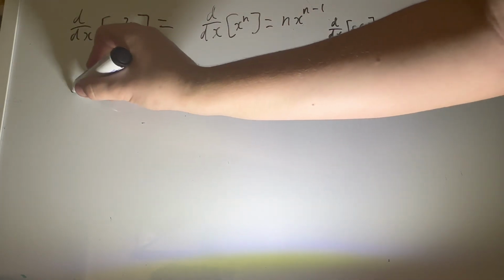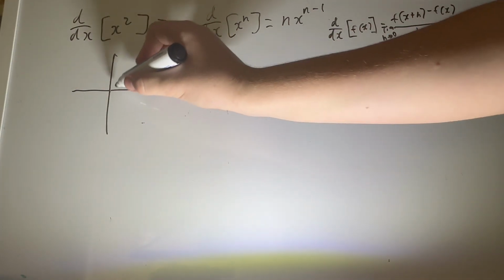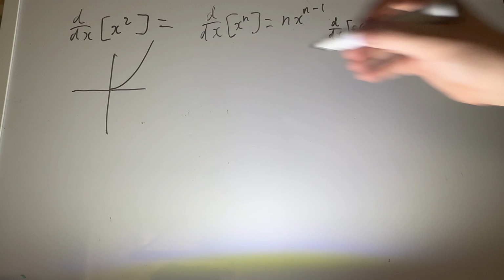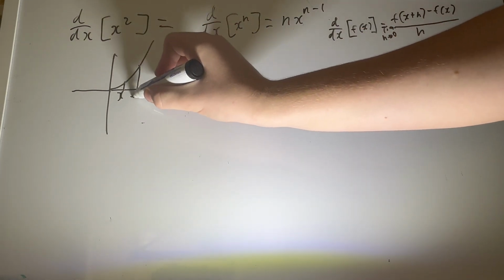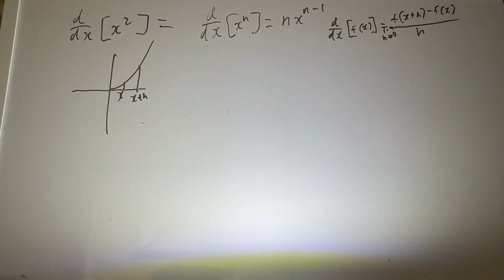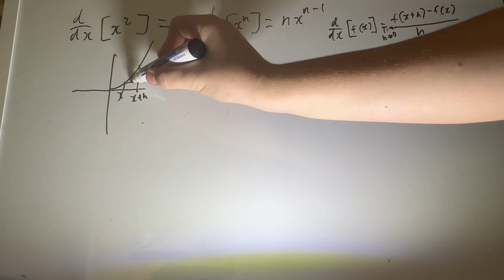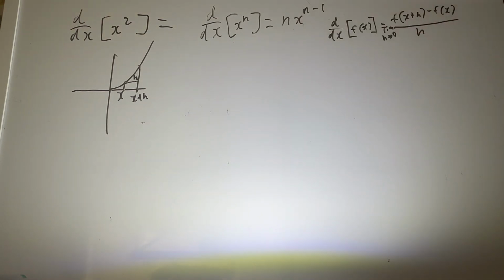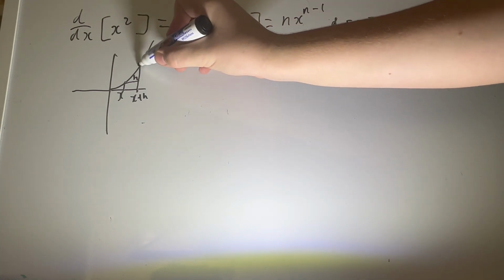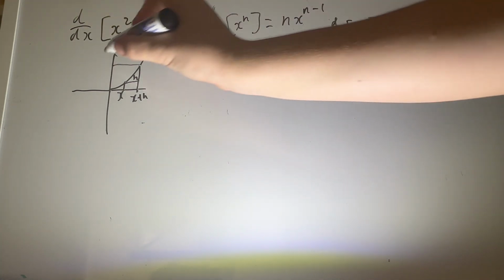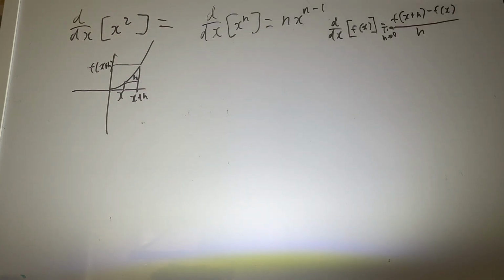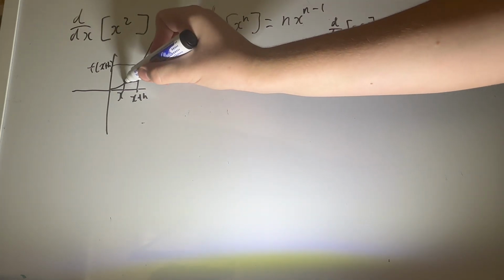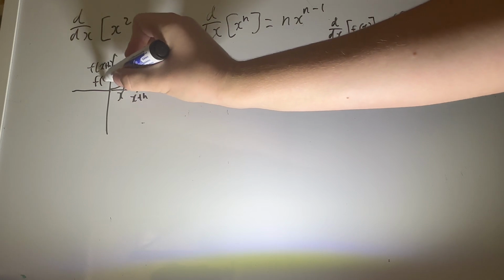This, on a graph, just a random function, and I plot down 2 points. One is x and one is x plus h. So we know that this little thing between is a distance of h, and we know that the y value will be the function of x plus h, and this will be the function of x.